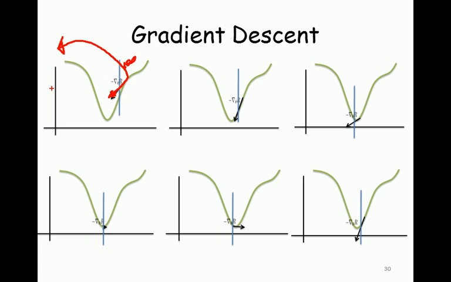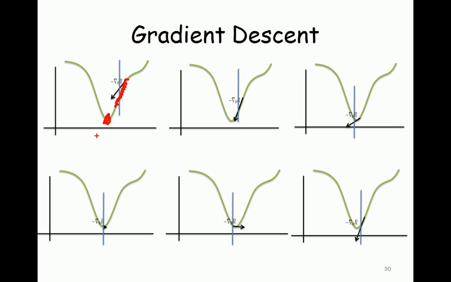All right? And then you would figure out that you have to move the other way, and then it will take you back. All right? So if your learning rate is too high, you'll be jumping back and forth around the minimum and never getting to it. At the other end of the spectrum, if your learning rate is too small, then your step sizes will be very small, and it will take you a long time, computationally, to end up at the minimum.